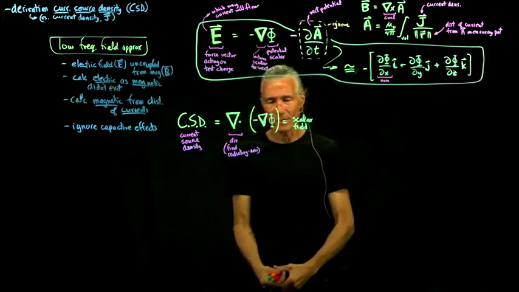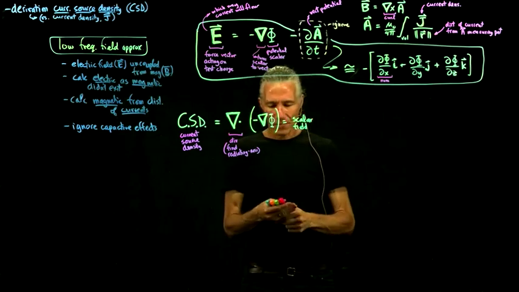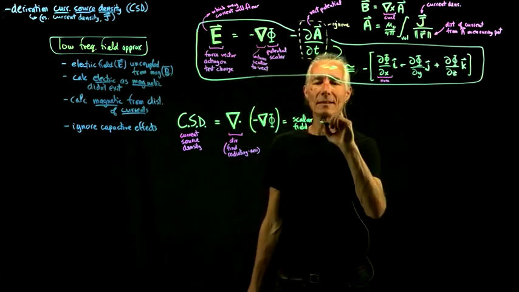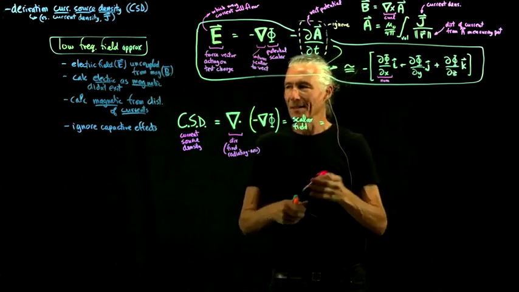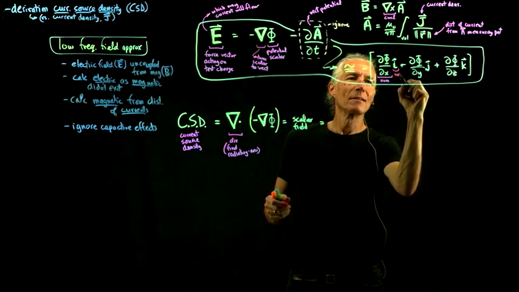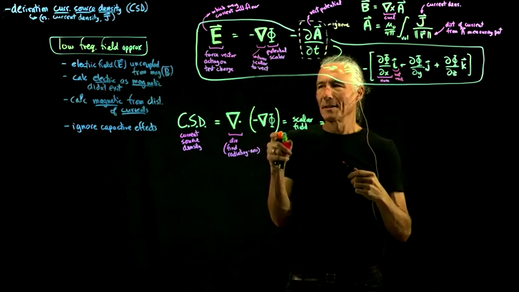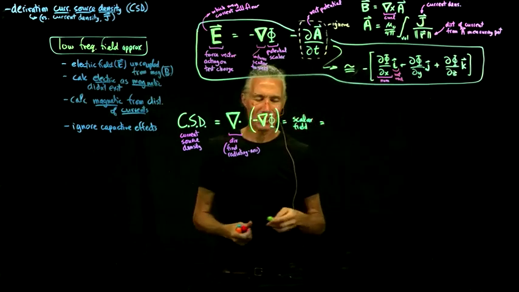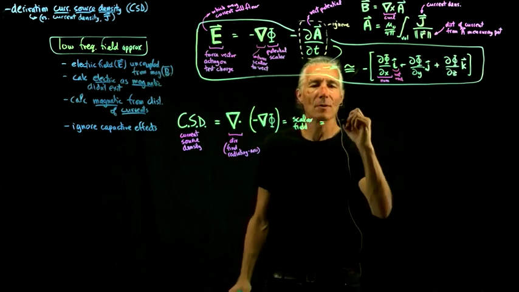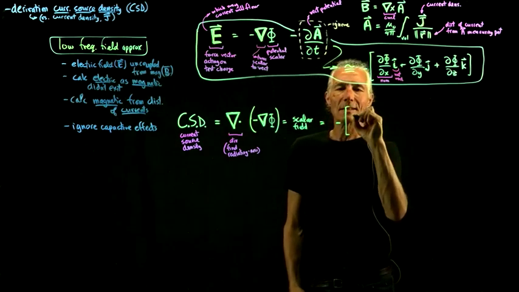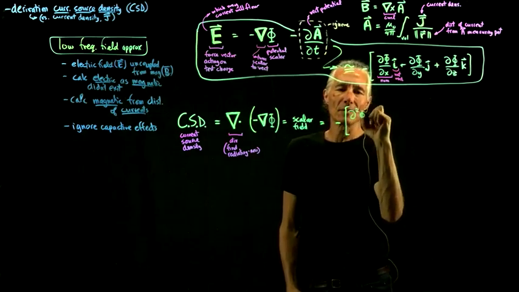So it's a second derivative of the potential. What that boils down to is it gets rid of the vector part. This guy is the unit vector, but for calculating the divergence we only care about the number part, so we can toss the vector, and you just end up with the second derivative of the potential.